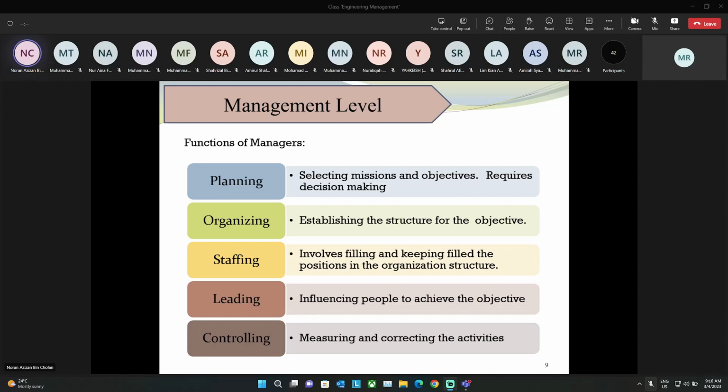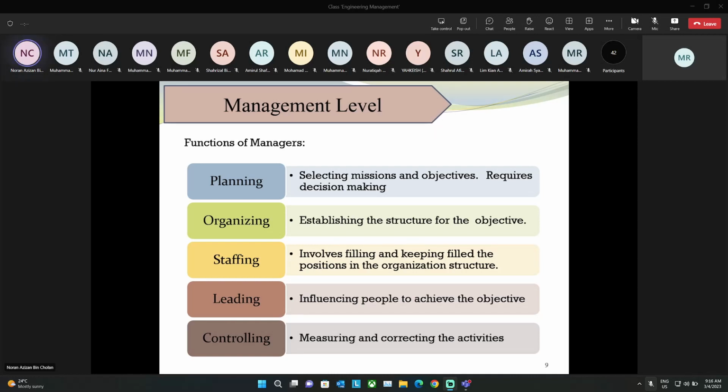The leader is the person responsible to get the job done. For example, building a bridge, the leader will make sure that the bridge is built correctly, follows the standard, and is safe.